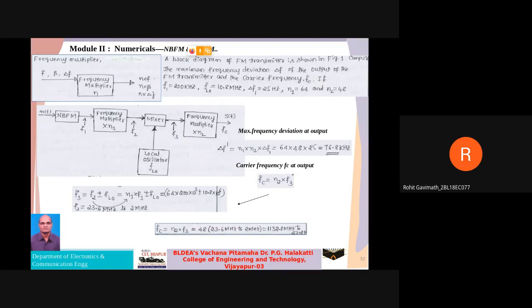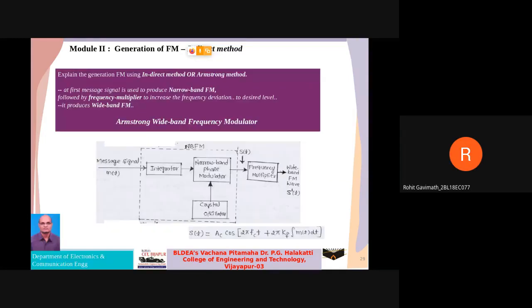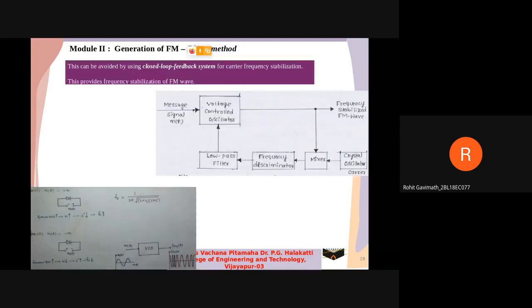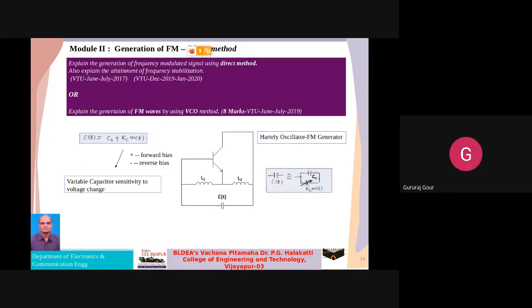Sir. Rohit, okay. Sir, narrowband FM derivation, sir. Direct method. Derivation, sir. Narrowband FM. This one you don't think.